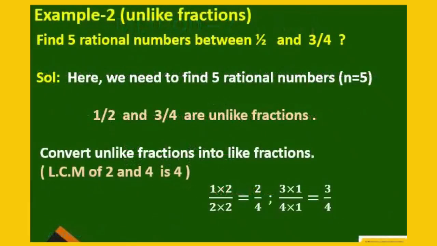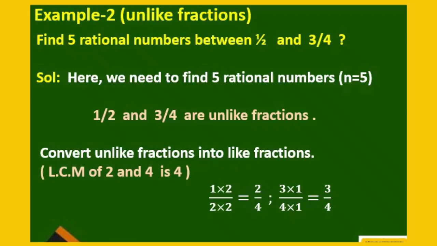Now in this example, let us consider unlike fractions. Find 5 rational numbers between 1 by 2 and 3 by 4. Here 1 by 2 and 3 by 4 have different denominators, so they are unlike fractions. Firstly, we need to make the unlike fractions into like fractions.